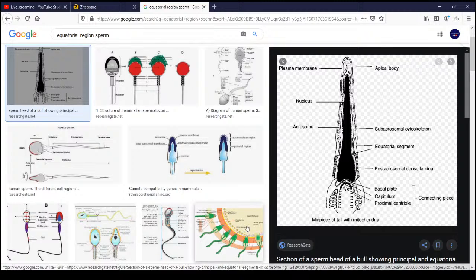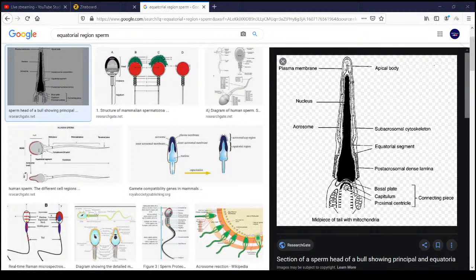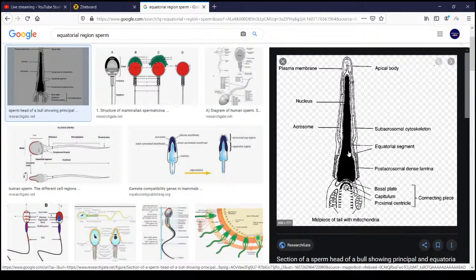This is the junction between the inner acrosomal membrane and the sperm cell membrane, as you can see in the diagram. Sideways you can see the sperm head; it binds not with the tip but sideways. This side of the sperm head will bind with the egg or the ovum.